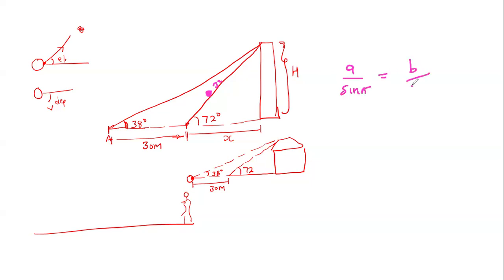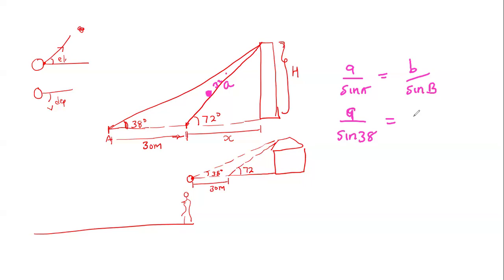Okay, what was your A? My A was the side. Okay, which side? That slanting side here. Yes. Then the angle. Then your angle? Sine of 38. Continue.